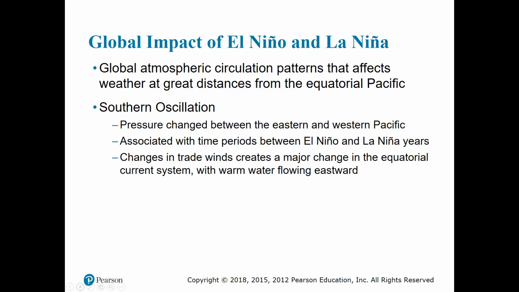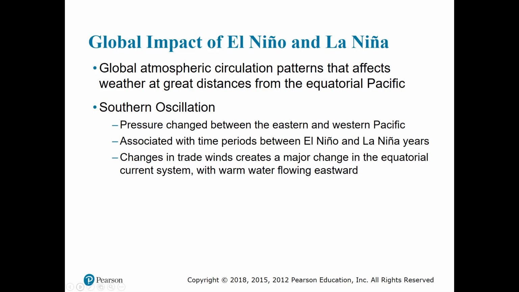The other consideration with La Nina is that we have more frequent hurricanes in the Atlantic. The cost of hurricane damage in La Nina years is 20 times that in the El Nino years.